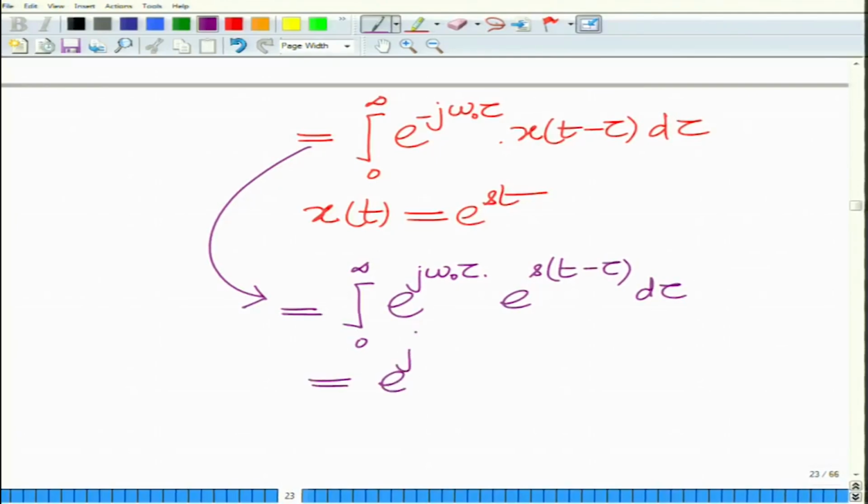So, we bring the e raised to s t common outside.